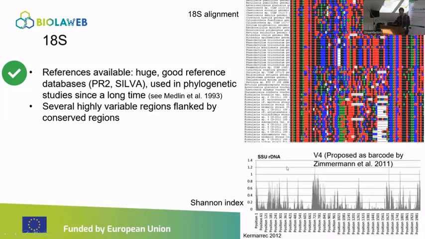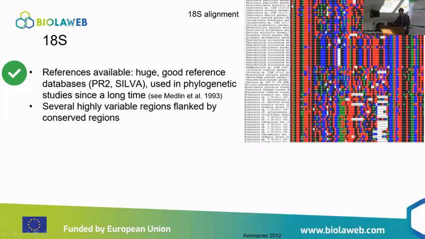For this position, if you calculate the diversity index, the entropy index, it will be very low. Also in the second column, this red color is always the same nucleotide, so the entropy index will be very low. But if you continue a little, it is a different story.